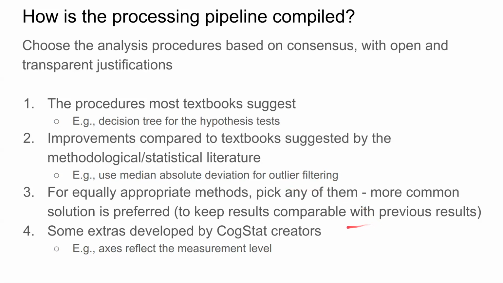And then there are some cases where it's really impossible to decide about some procedures. For example, if you're using outlier filtering, for any kind of outlier filtering, you have to specify a threshold. And clearly there is no objectively right threshold to specify, and it will always be arbitrary.